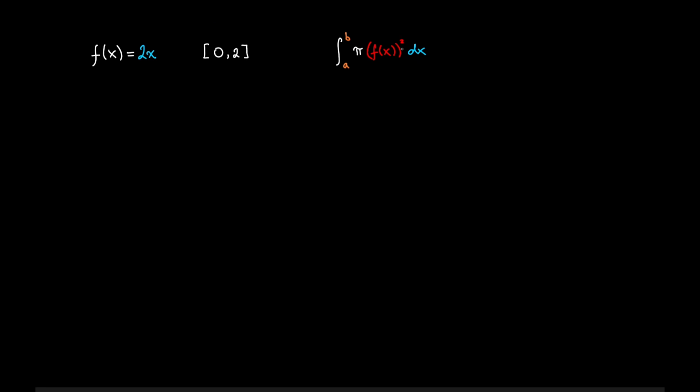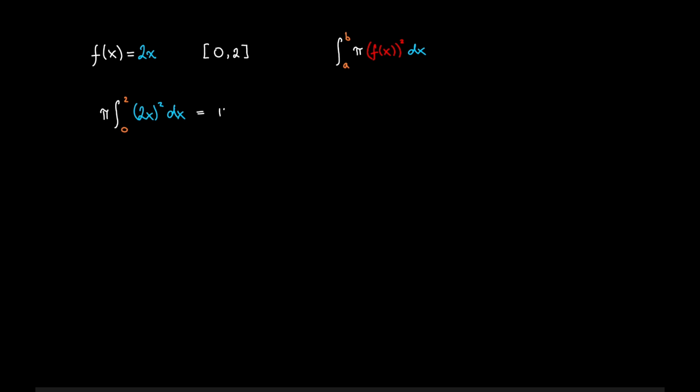Applying the formula for volumes of revolution, our integral would be from 0 to 2. Pi is technically just a constant, meaning we can always put it in the front. And now we need to raise our function 2x to the power of 2 and evaluate this integral.